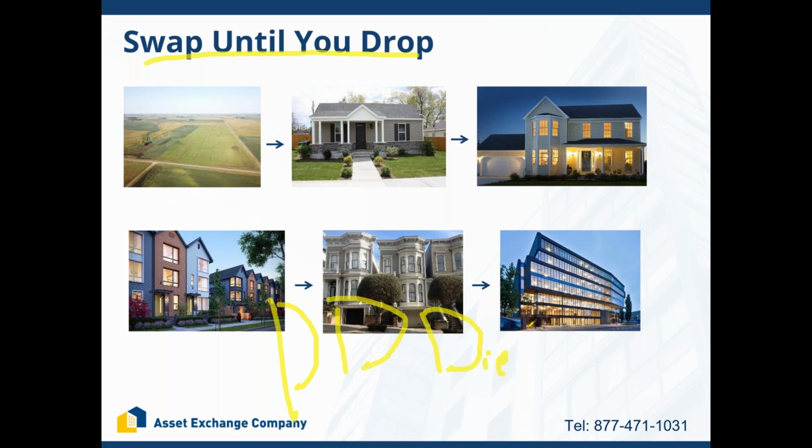And ladies and gentlemen, when you pass away, this big shiny building that's worth $10 million will get passed to your heirs, probably your children, at what's called a step up in basis. And the capital gains tax liability that you have been deferring throughout your investment lifetime goes away. Your kids can literally sell the property the day after your funeral and pay 0 capital gains tax liability.